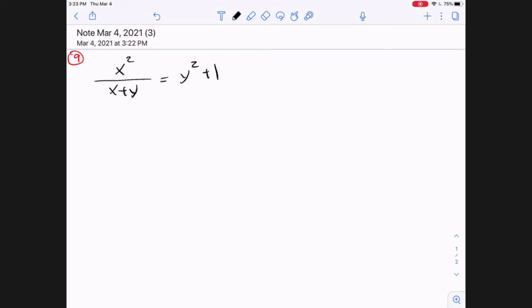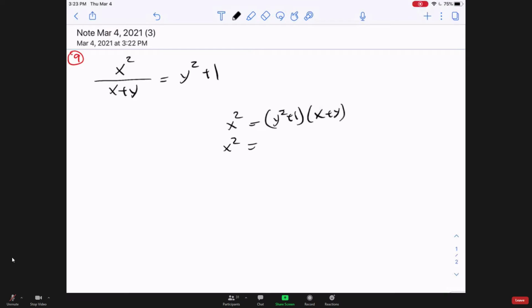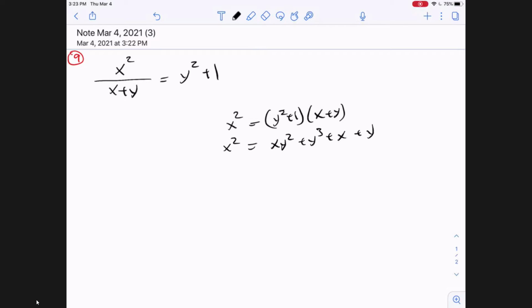Give me one second. I'm just trying to see if I should do one other route first. It's not going to be much nicer.